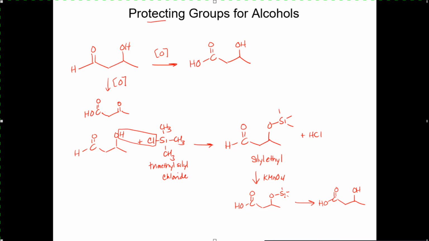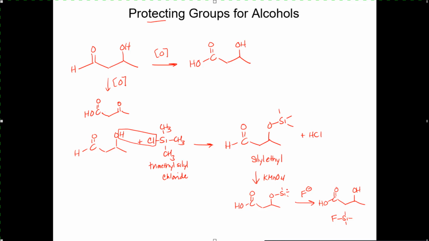Well, if a silicon-oxygen bond is strong, I need a stronger silicon-something bond to break this up. That something is fluoride. So when you react fluoride with a silyl ether, the silicon-fluorine bond is really strong. It's much stronger than a silicon-oxygen bond.